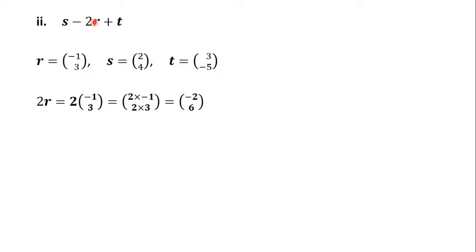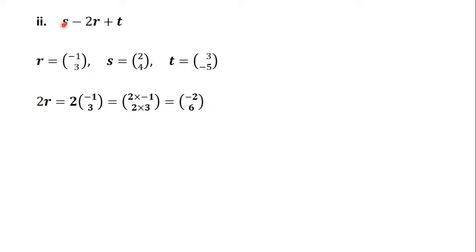What we have to do something about is r, because it's being multiplied by a scalar. The scalar here is 2, so it means that we are going to use the value 2 to multiply the x component and the y component. As we did previously, 2r is going to give us 2 times the x component, which is -1, then 2 times the y component, which is 3. So 2 times -1 will give us -2. 2 times 3 will give us 6.